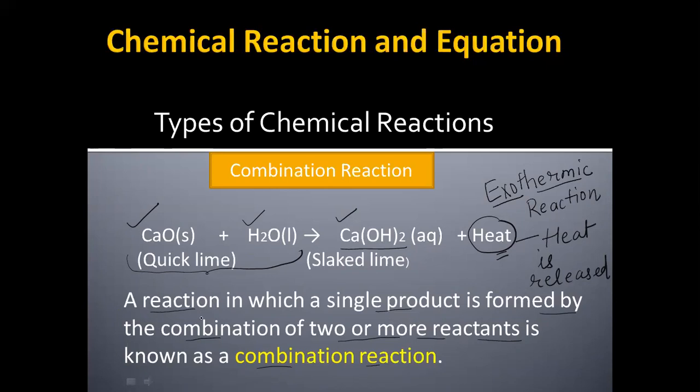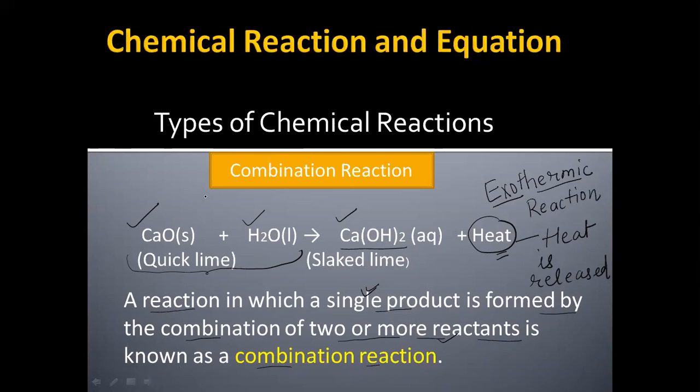Basically, what happens in this reaction? Two or more reactants you are taking react with each other and give you a single product. So rather than going to the long definition, you can simply say that when two or more reactants react to give you a single product, the reaction is termed a combination reaction.